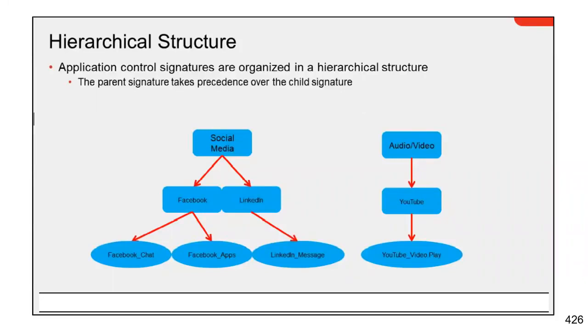The FortiGuard application control signature database is organized in a hierarchical structure. This gives you the ability to inspect the traffic with more granularity. You can block Facebook apps while allowing users to collaborate using Facebook chat. Okay, that was a definition.